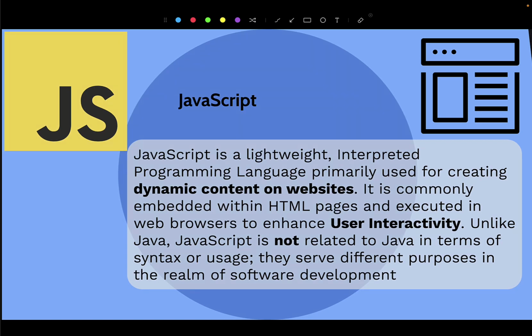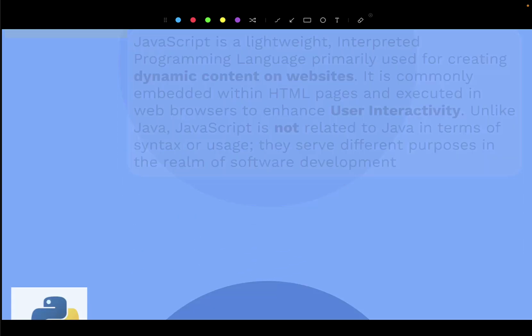Now this is yet another interpreted language, also used for websites to create dynamic content, basically to enhance user interactivity. Java and JavaScript are not related in terms of syntax or usage. Again, they serve different spectrums of program development.